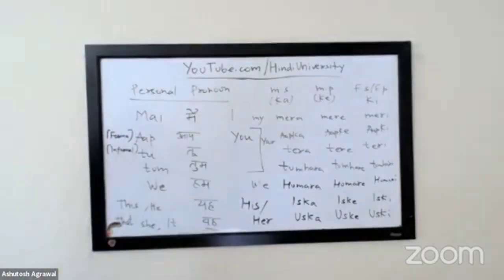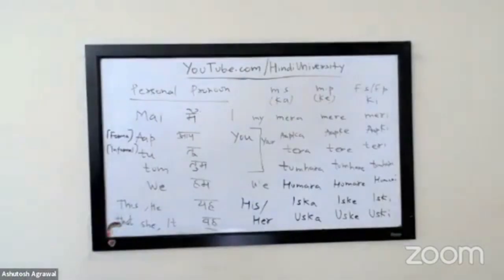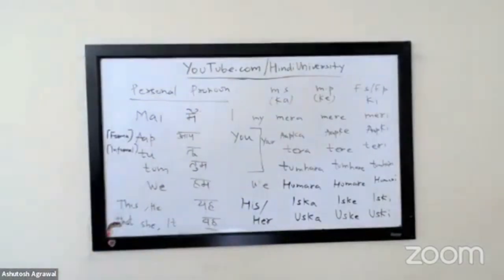Let's do an overview of personal pronouns when you use them with the postpositions ka, ke, and ki. When you use the personal pronoun main with ka, ke, and ki, it becomes mera, mere, meri. When you use it with aap, which is you, it becomes aapka, aapke, and aapki. When you use it with tu, it becomes tera, tere, and teri.